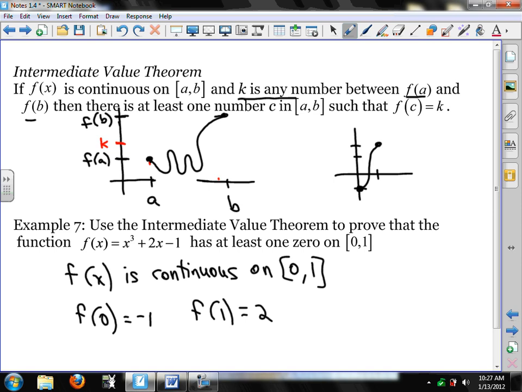So in order to write your final statement, it should say something like, since f of 0 is less than 0 is less than f of 1, 0 is in between negative 1 and 2, and we have a continuous function, which we already stated, there must be a 0 on the interval from 0 to 1.